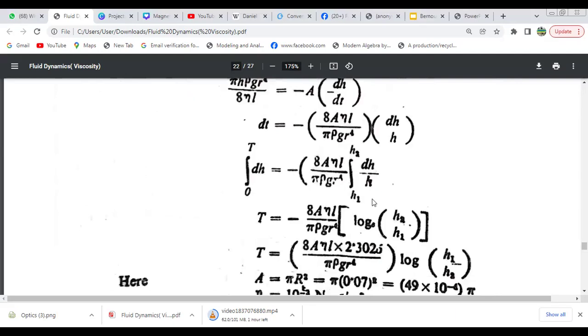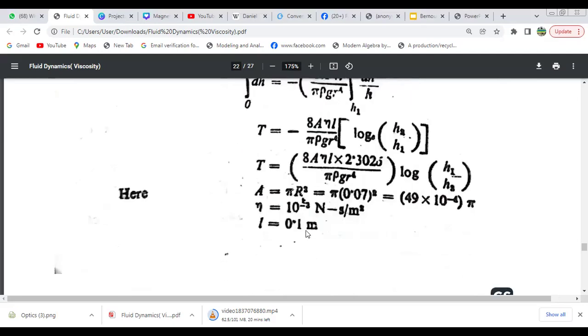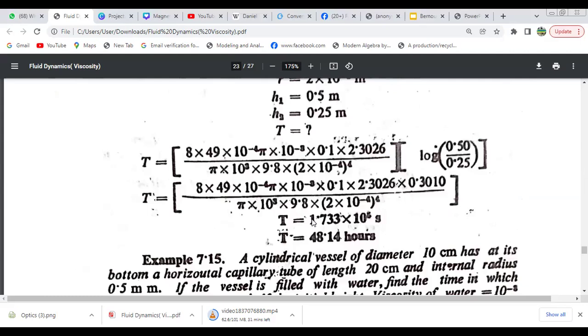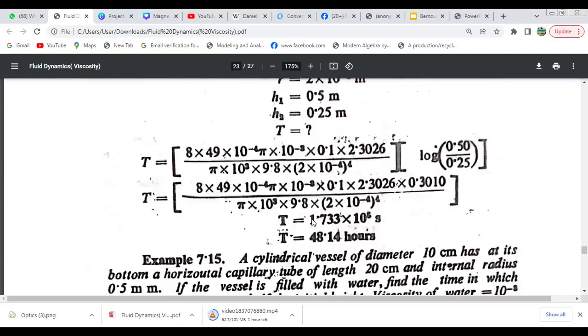With respect to H, we can integrate 1 by x, the formula is log x. Now putting the upper limit and lower limit, we get this. Just putting all the values, A equals pi r square, this is the coefficient of viscosity, and this is 0.1 meter. So putting all the values, we get the capital T value, the time, 48.14 hours.